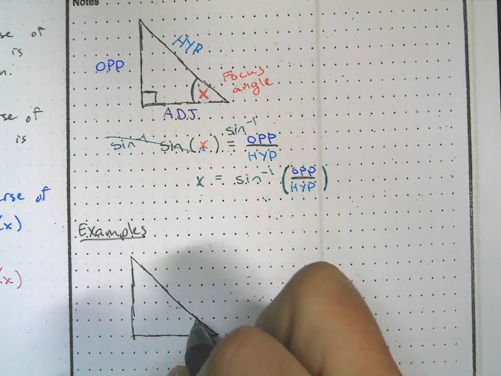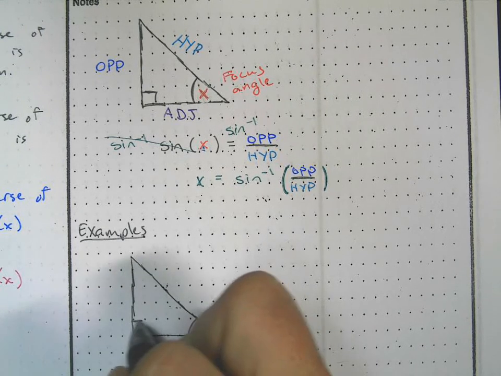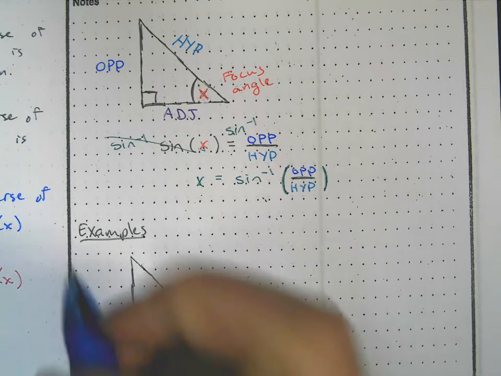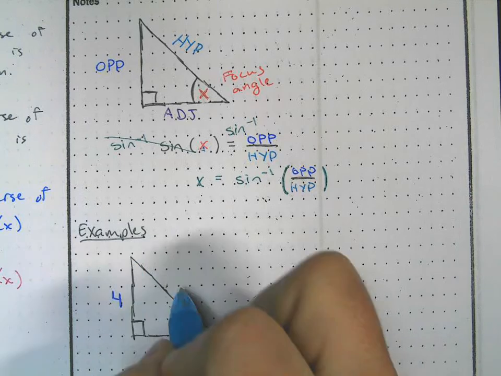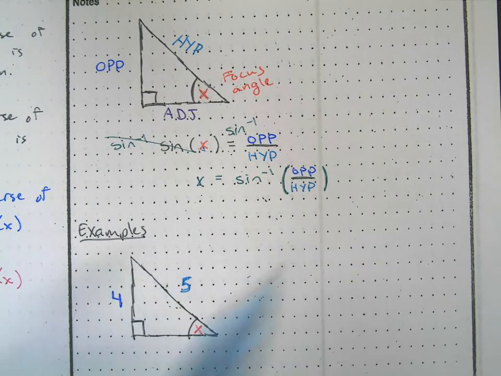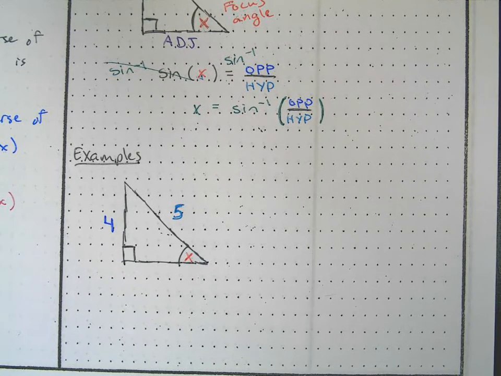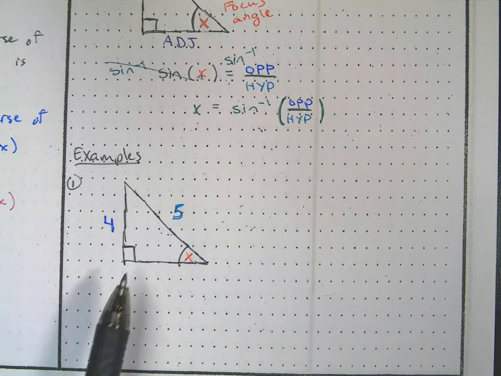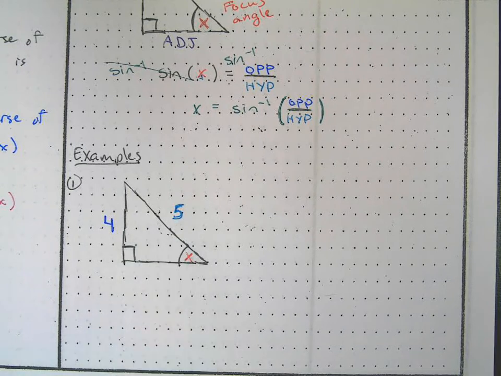So say I'm given my focus angle is right here. This is now our x, our unknown. My right angle is here. And then we're going to call this 4, and we'll call this 5, like so. Now to solve for this, we're going to set up our sine.